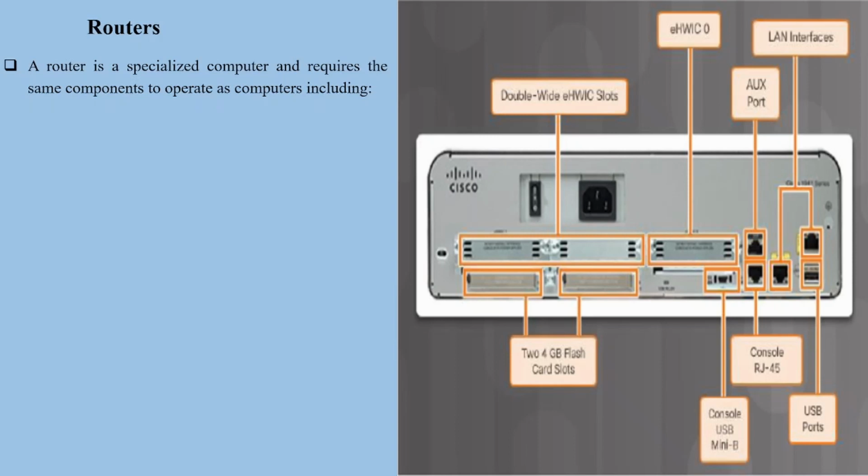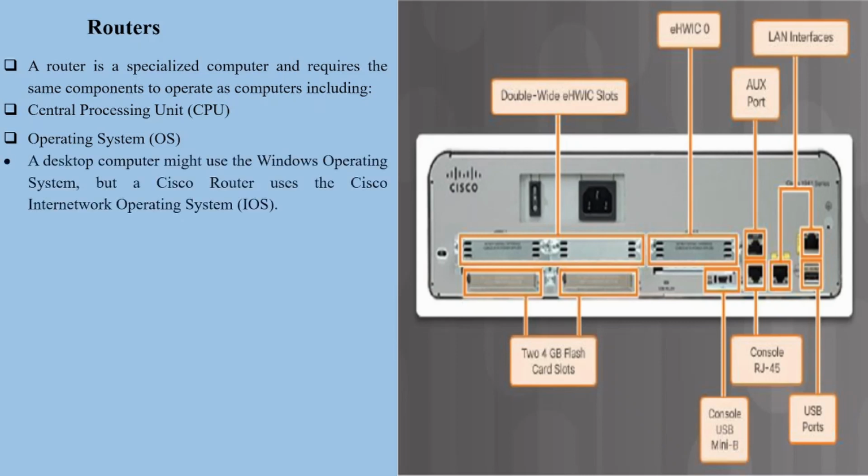A router is a specialized computer and requires the same components to operate as computers, including a central processing unit, or CPU, and an operating system, or OS. For example, a desktop computer might use the Windows operating system, but a Cisco router uses the Cisco International Operating System, or iOS.